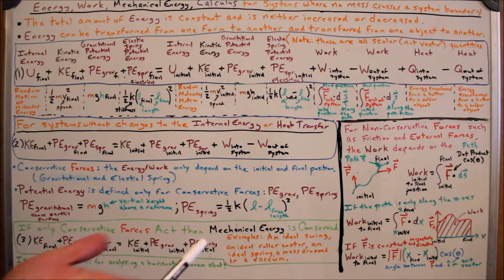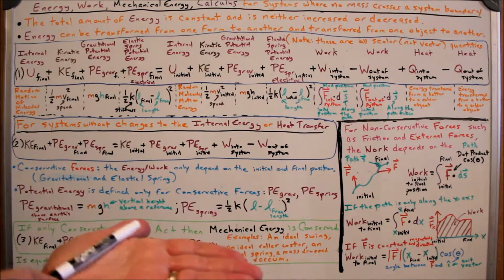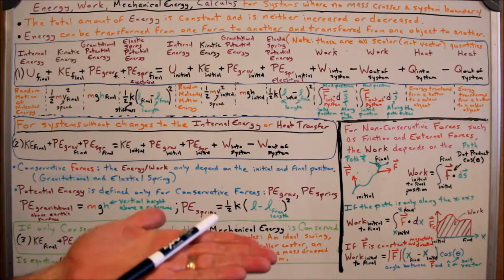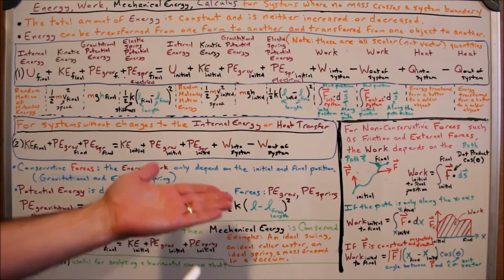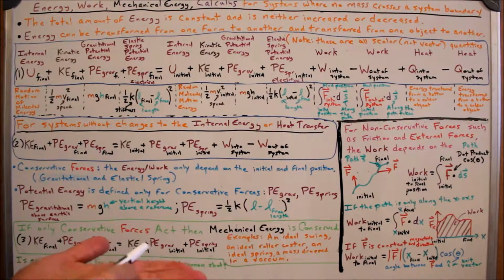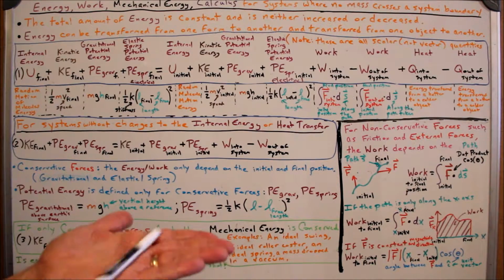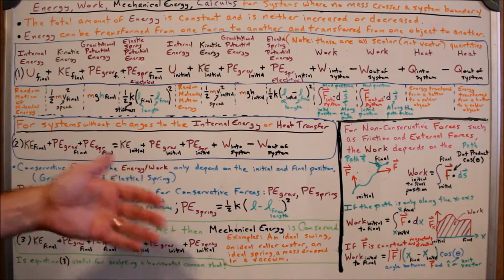Take something like frictional force. If I have this marker move all around on my hand, starting at some position and coming back to the exact same position, the amount of energy or work exchanged between my hand and the marker depended on the path. I was spending lots of energy, so it's not a conservative force.